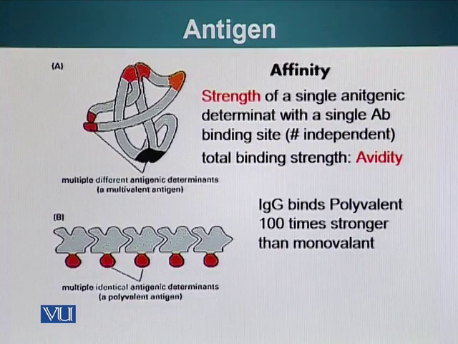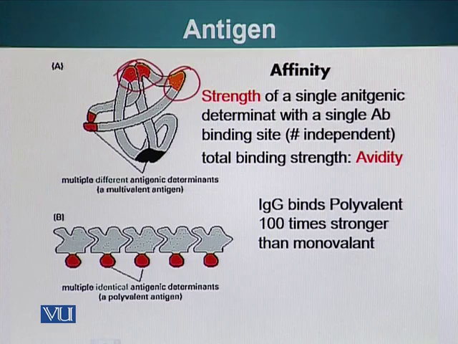So antibodies bind antigens. The entities that are recognized by antibodies are referred to as antigens. The portions or pieces of antigen that bind antibody are called antigenic determinants. Here, for example, we see in colors that these are the antigenic determinants.